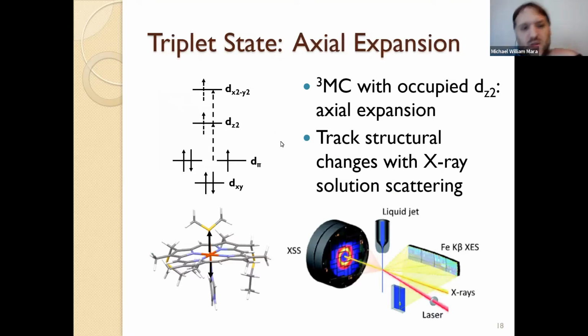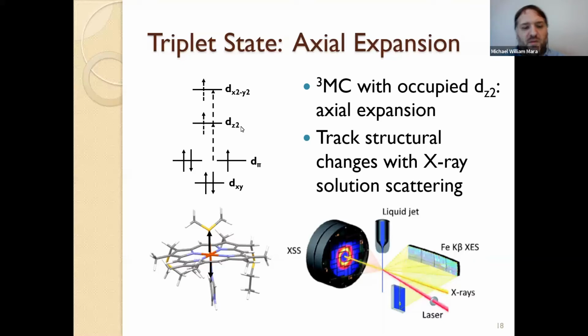So, in ground state ferrous cytochrome c, we'd have fully occupied dxy orbitals as well as d pi orbitals, and we know that in the higher spin triplet state, one of these d pi electrons is going to be lost, and it's going to populate either the dz squared or the dx squared minus y squared. Now, logically, we may expect this to be the dz squared, being that this will be the lower energy orbital. However, we don't actually know that for sure, and the X-ray emission can't really tell us that.